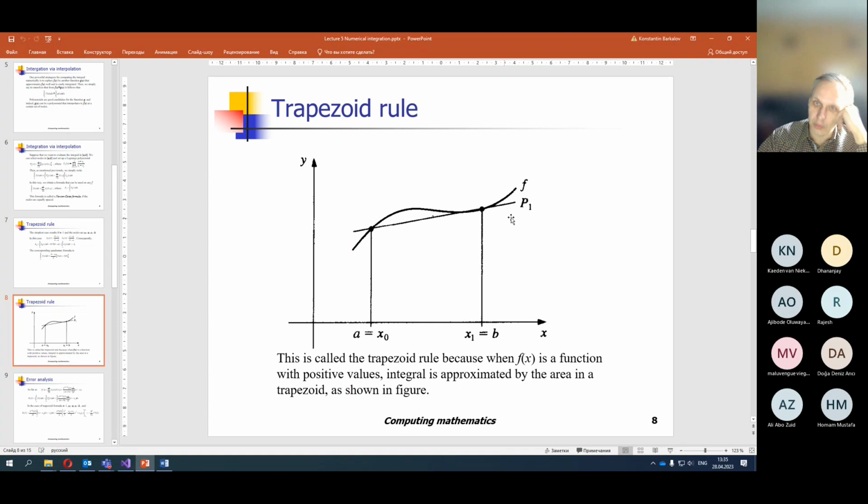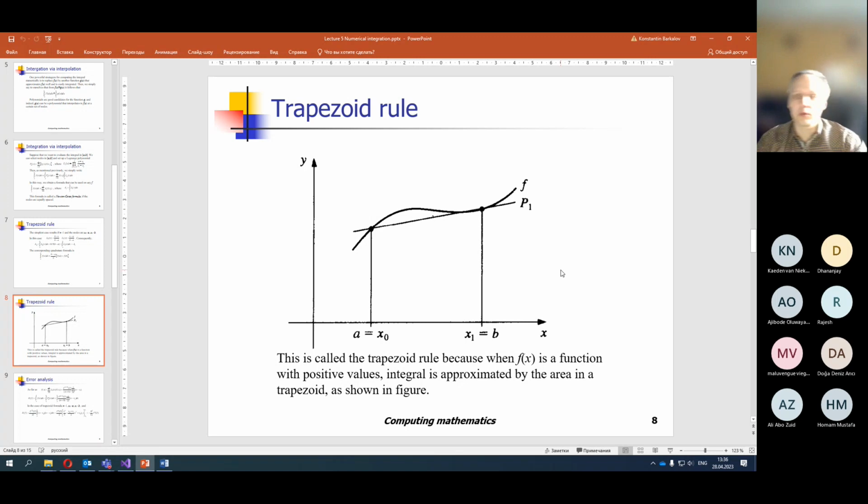Using these two points, we can find a linear polynomial, a line that passes through these points. And this line will be the graphical interpretation of the Lagrange interpolating polynomial of degree 1, p1 of x.